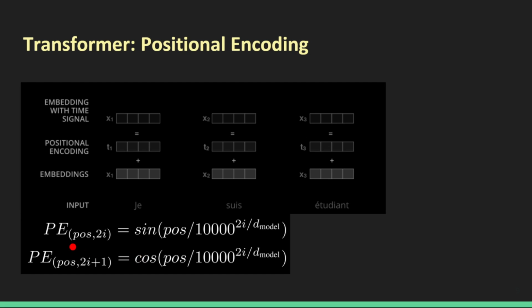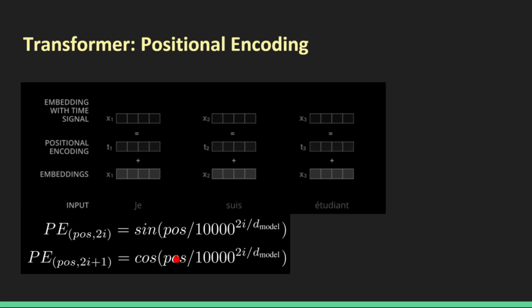In the sine and cosine equations, i is the component of the positional encoding vector, and pos, position, is the position of the word. So for example, the first word over here can have position 0, and the next can have position 1, and so on and so forth.